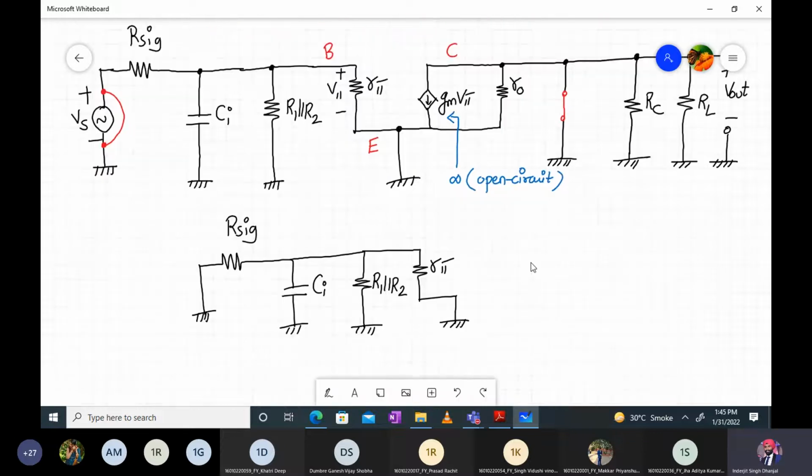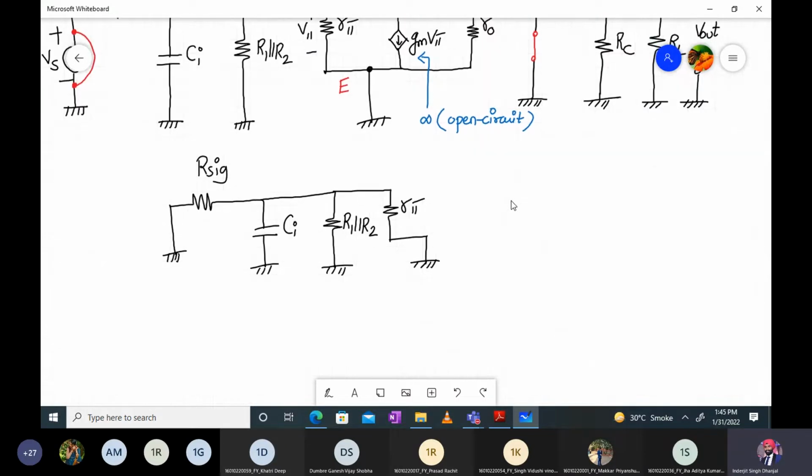Now, how to calculate FHI? Over here, what will be R equivalent for this network? Anyone? Remember, this is similar to this circuit now.